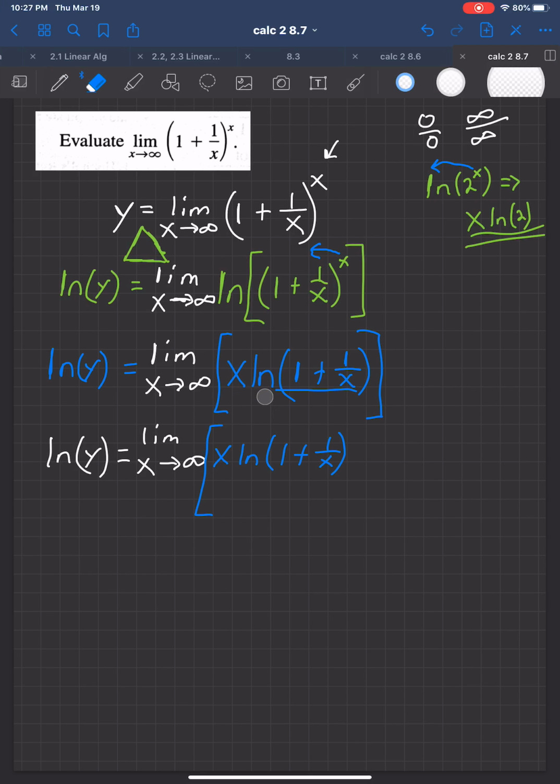Okay, I'll erase that. And I'm now going to simply divide it by 1, so that I can start thinking about how to form a quotient to apply L'Hopital's rule. Well, what should I do here? What should I multiply by?